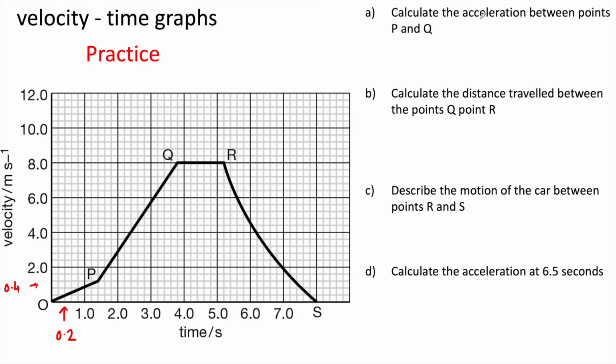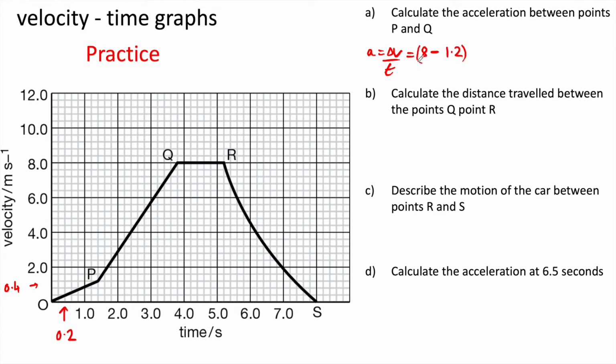So it says calculate the acceleration between points P and Q. So that's the gradient of the graph. So acceleration is change in velocity over time, and you need to really show your working. The change in velocity is your final velocity, which is 8, minus your initial velocity, which is here at P, which is 0.4, 0.8, 1.2.